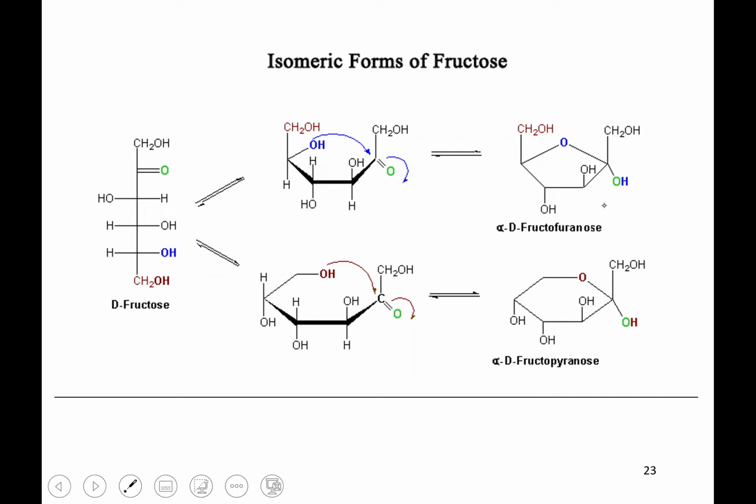So these ketose forms of 6-carbon sugars, you can have a nucleophilic attack from the OH on carbon 5. You can also have a nucleophilic attack from the OH on carbon 6. Okay, so that would attack carbon 2 again, and now we have a 6-membered ring.